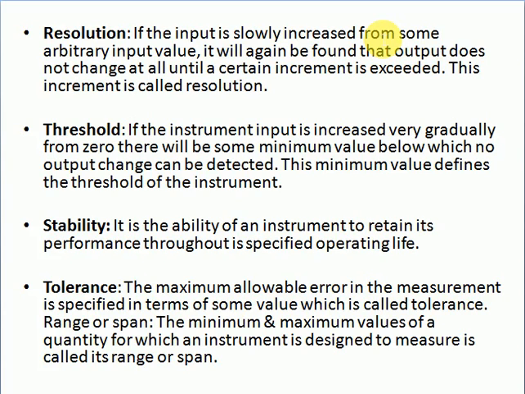Thus the resolution defines the smallest measurable input change, while threshold is defined as the smallest measurable input. So what is the threshold?